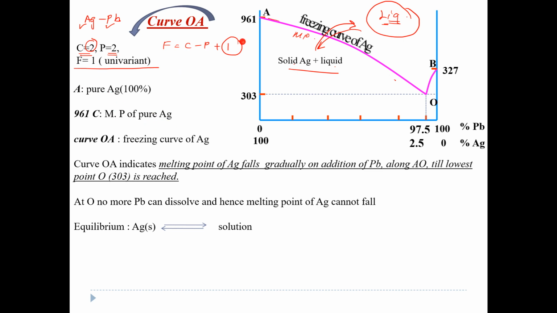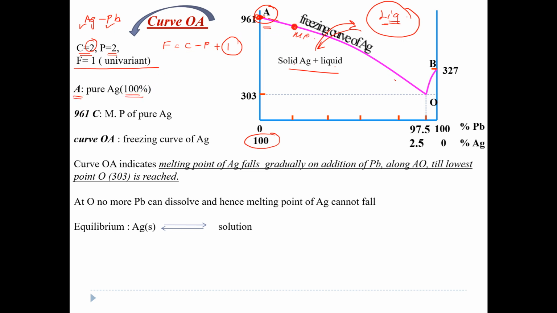So what is this? Point A now. Now if you look at curve OA, so this is point A. If you look at point A, which is intersecting over here, this is 961. So if you extrapolate it down, this is 100% of silver. So at point A, it is 100% of silver.